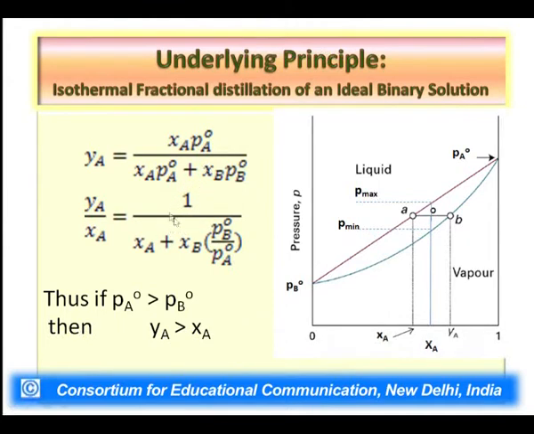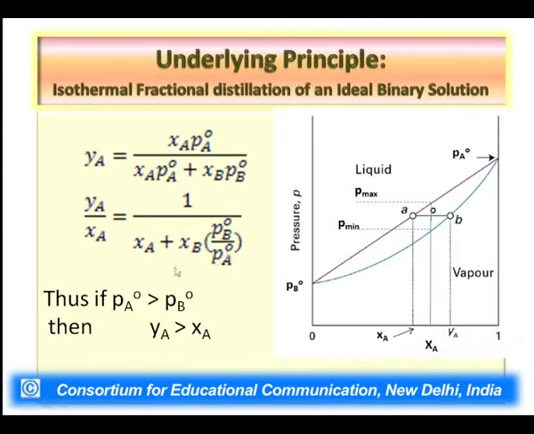What I mean to say is, if we divide the whole expression by Xa Pa naught, ultimately we have Ya by Xa equal to 1 by Xa plus Xb Pb naught by Pa naught.